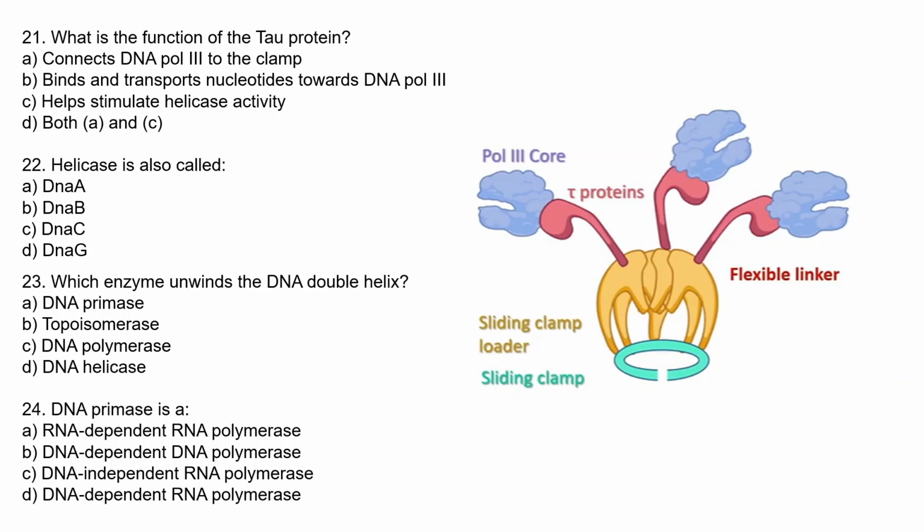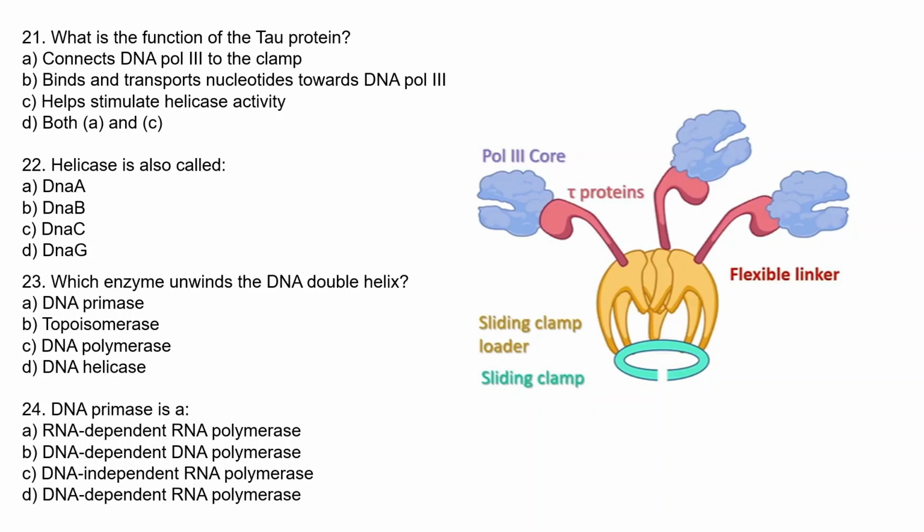It is a DNA dependent RNA polymerase. So I'll explain why that is the case. So DNA primase is important for what? It's important for making the primers that the DNA polymerase then uses as a starting point to add dNTPs to. So it is made of RNA. So the first thing is that if you're making a primer out of RNA, then that is an RNA polymerase, correct?